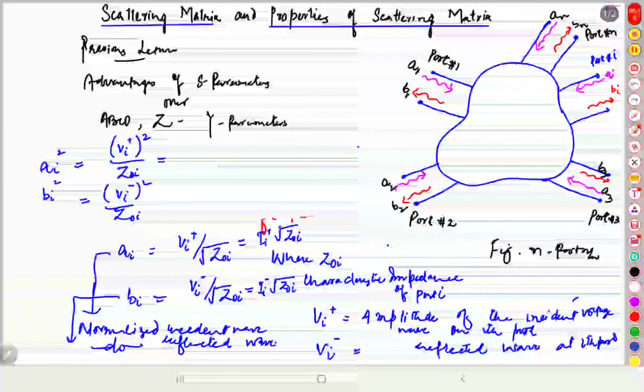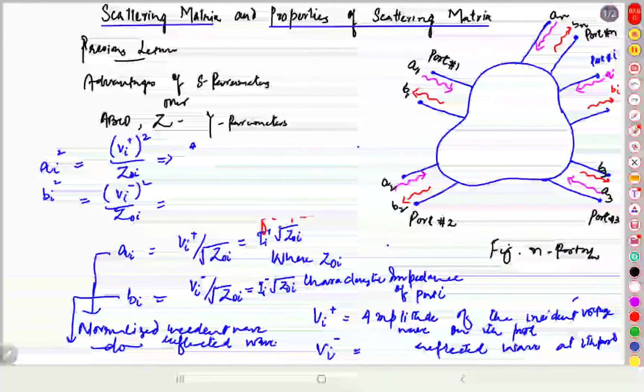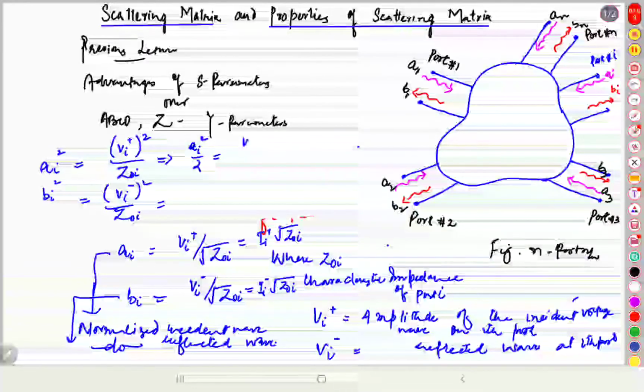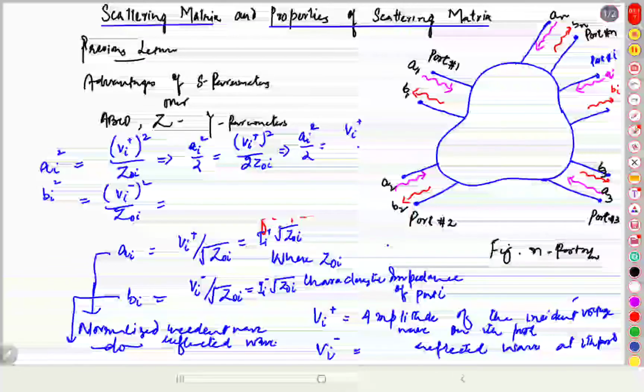Which in turn means that if I divide these quantities by 2, Ai squared by 2 would be Vi positive squared by 2 Z0i, which implies Ai squared by 2 is Vi positive by root 2 whole squared divided by Z0i.